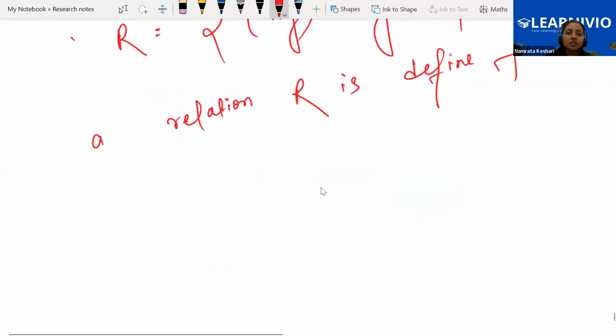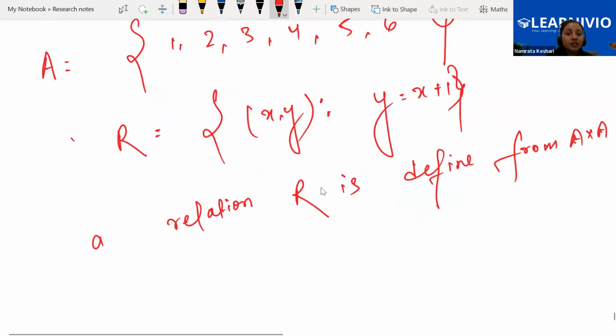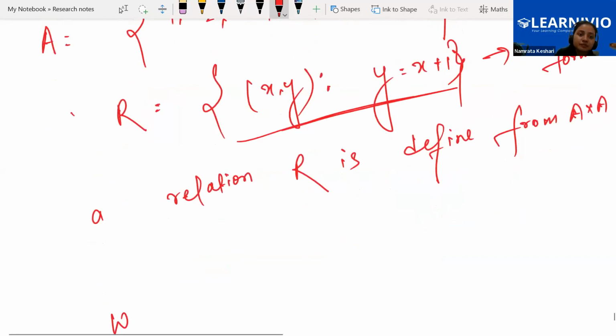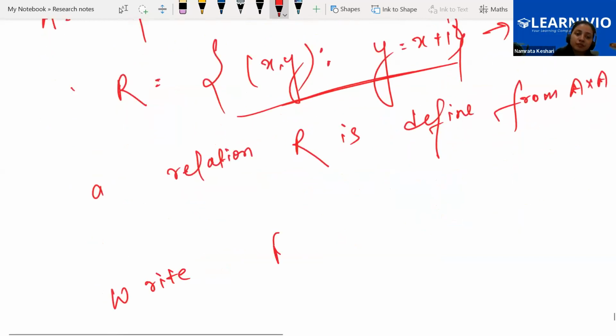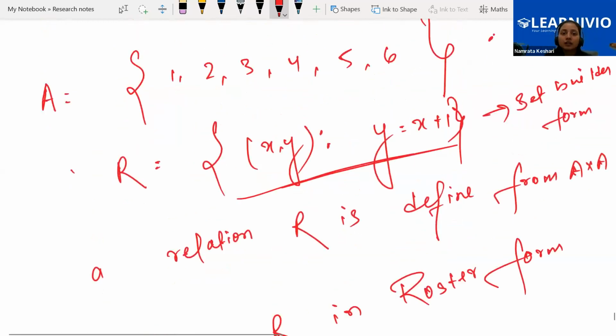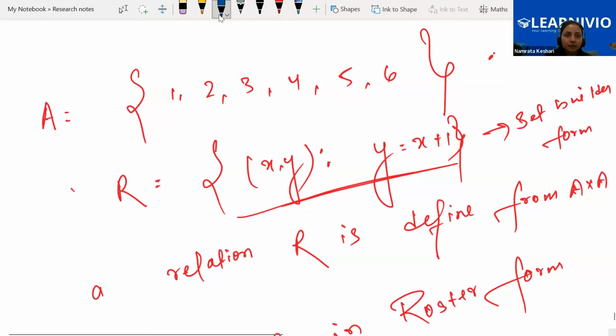Here it is given in set builder form. Write it in roster form. Tell me what ordered pairs will be there in R. Now we will not write the Cartesian product A with A, that means 1 with 1, 1 with 2, 1 with 3, 1 with 4, 1 with 5, 1 with 6.